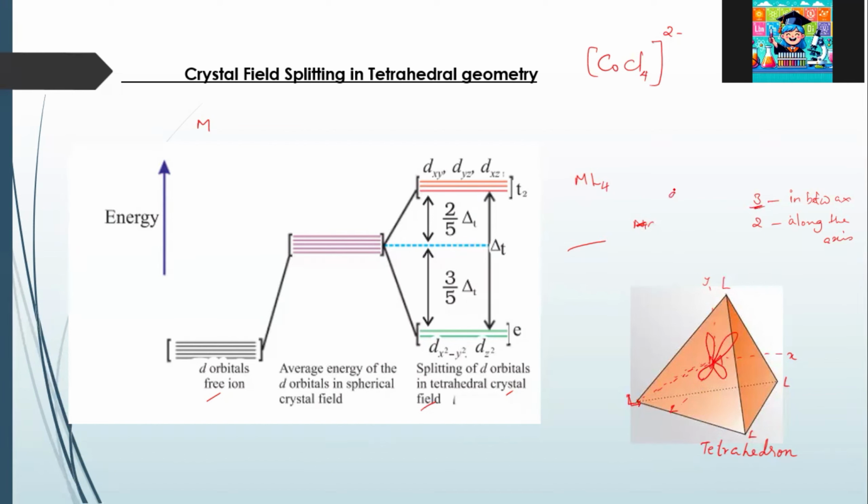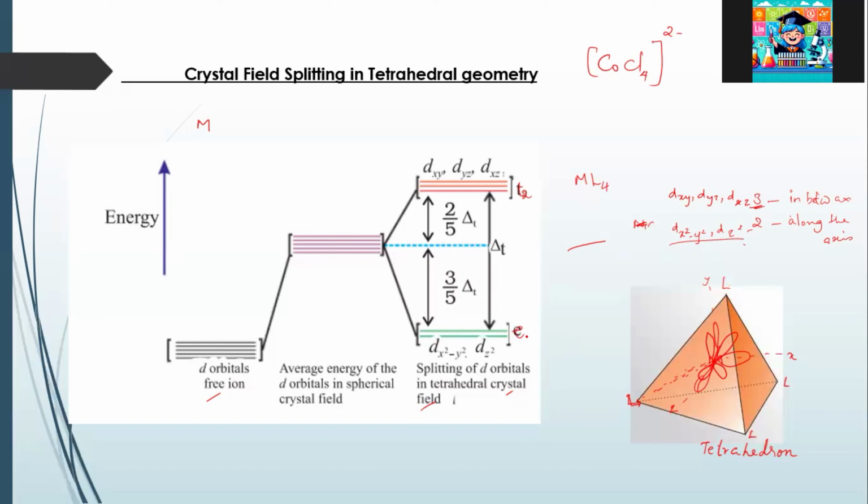So these three orbitals, dxy, dyz, and dxz, will rise in energy, and they are denoted as the t2 levels. And these two orbitals, dx2 minus y2 and dz square, will be along the axis. When they are along the axis, the interaction with the ligand electric field is lesser for these two orbitals. Therefore, their energy will get decreased, and they are denoted as the e level.